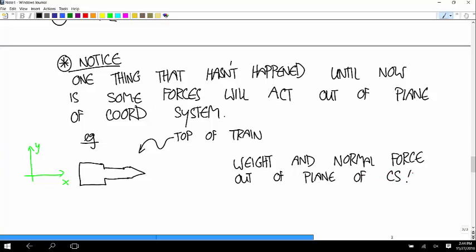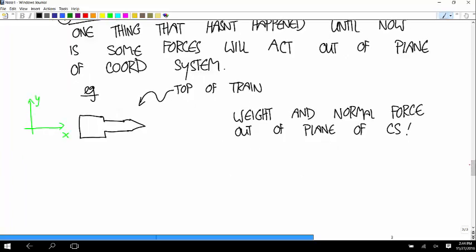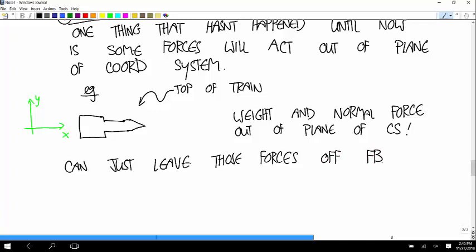Okay, so there are two options. You can just leave off the forces that are not in the plane of the coordinate system. So like the weight, you can just draw your free body diagram with no weight on it if it's out of the plane. Or if you want, you can represent vectors coming out of the page like this.